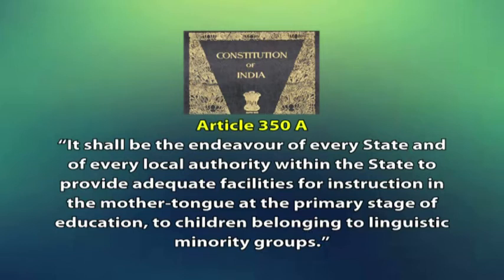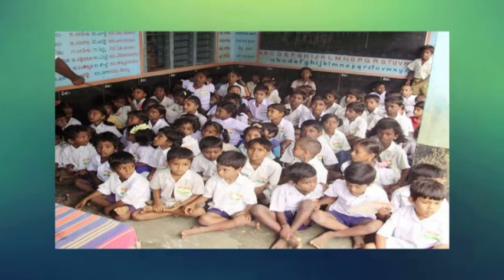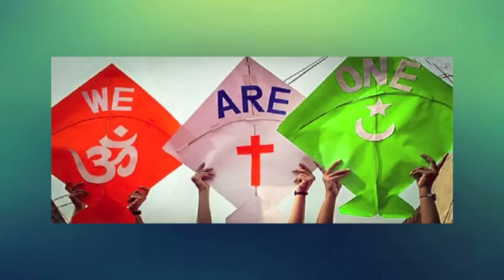Furthermore, Article 350A established that, I quote, "It shall be the endeavor of every state and of every local authority within the state to provide adequate facilities for instruction in the mother tongue at the primary stage of education to children belonging to linguistic minority groups." Quote end. The basic aim of these articles is not only to provide a better structure of the education for the minorities, but also to help us achieve secularism in the true sense.